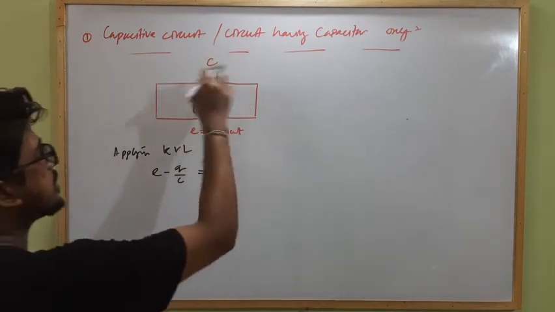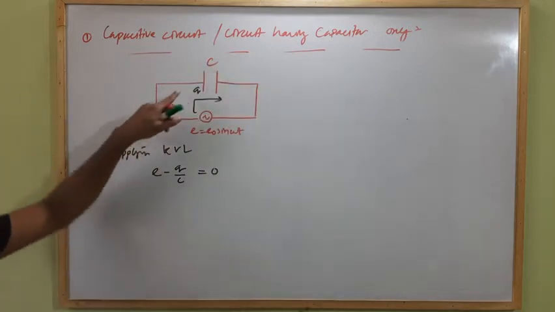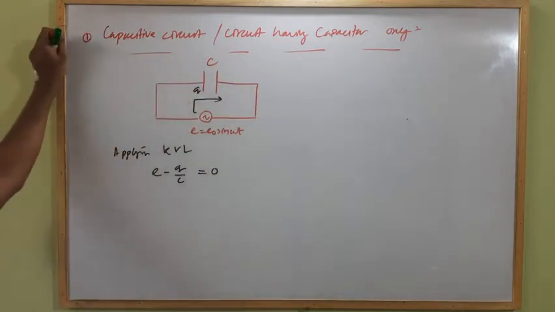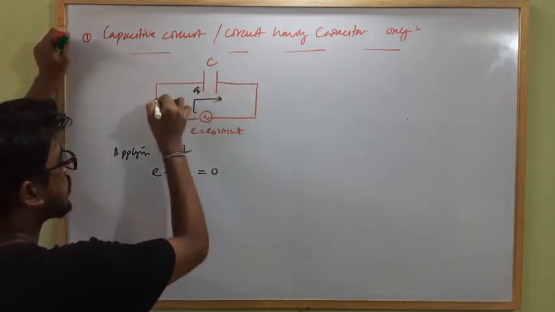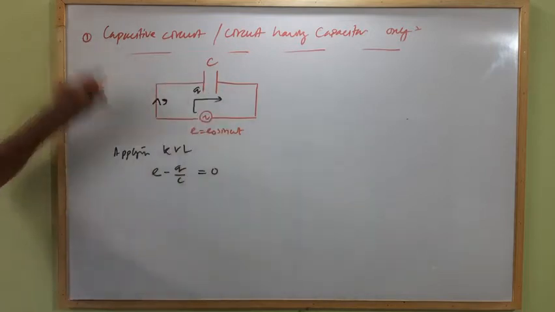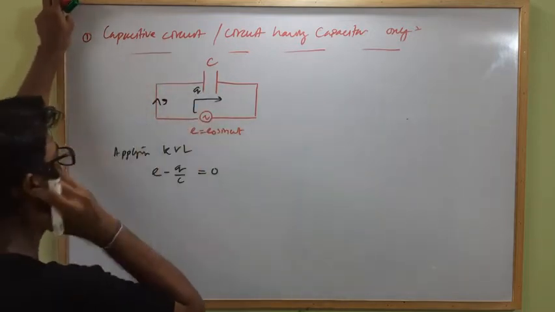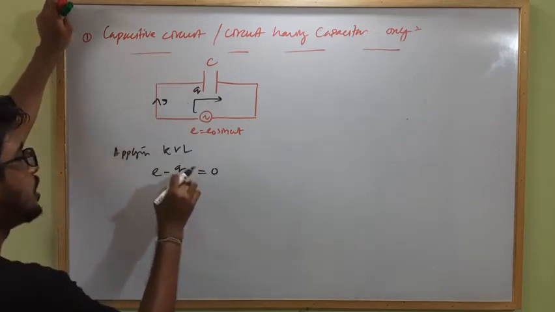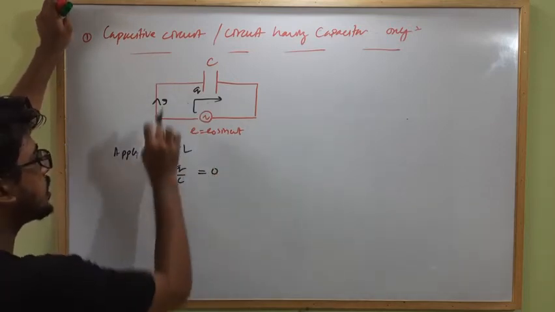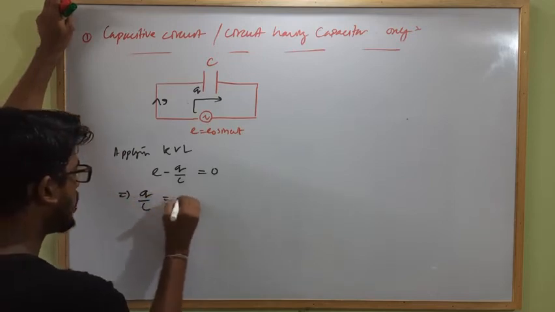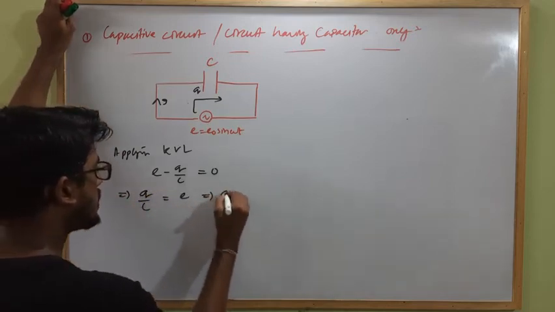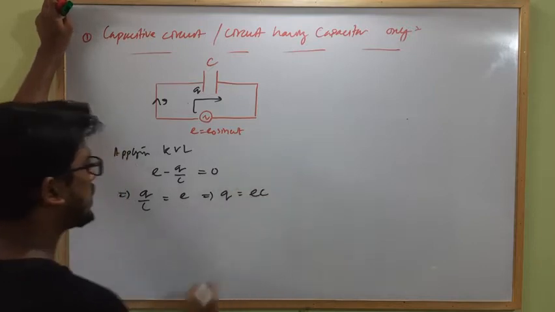Because if C is the capacitance and Q is the charge stored within the capacitor, then the potential difference across the capacitor will be V equal to Q by C. So E minus Q by C equal to 0, considering the loop like this, with current I flowing through it. From this we get Q by C equal to E, so Q equal to E into C.